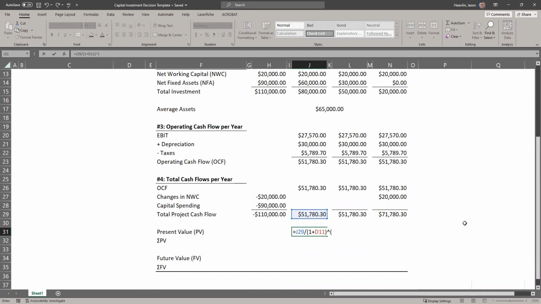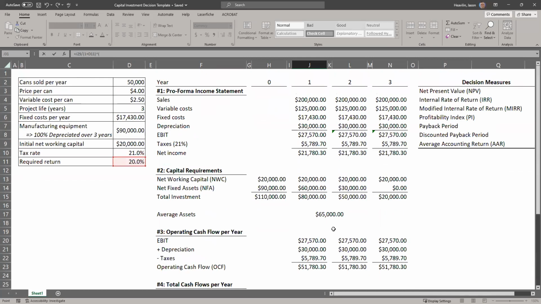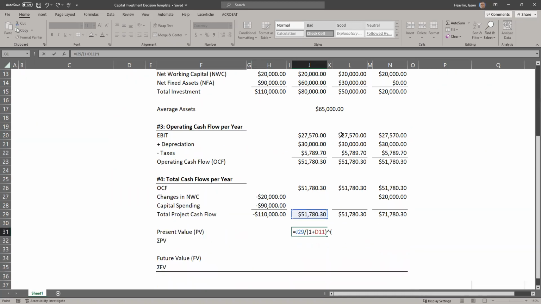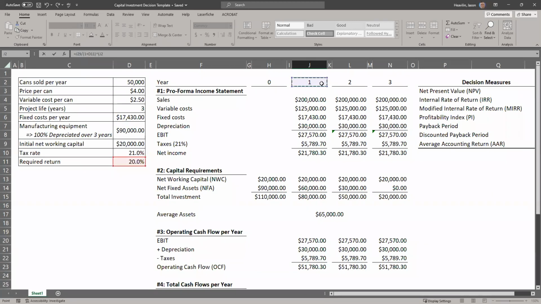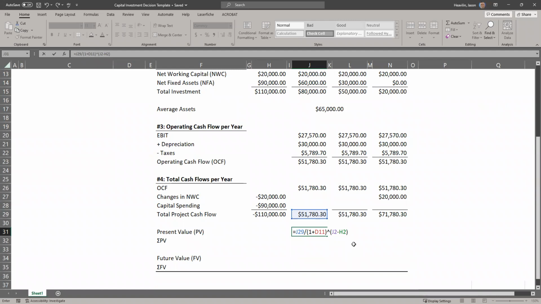So one way to do it is to understand that I'm moving from year 1 to year 0, 1 period. I can take the 1 minus the 0, and that becomes my exponent to reflect 1 year. All right, let's go ahead and lock in that 0 there so it doesn't move. I'm going to lock in this number as well so it doesn't move.